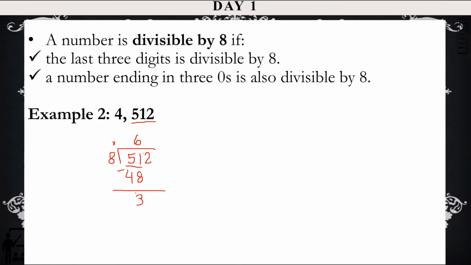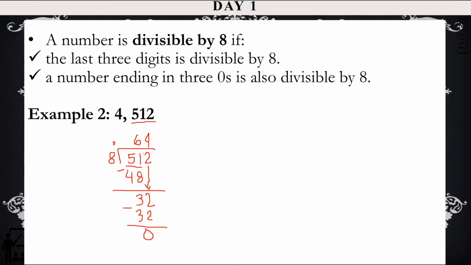No. If it cannot be divided, let's bring down the next digit, which is 2. Now we have 32. Can we divide 32 by 8? Yes. 32 divided by 8 is 4, and 4 times 8 is equal to 32. When we subtract, it is equal to 0.